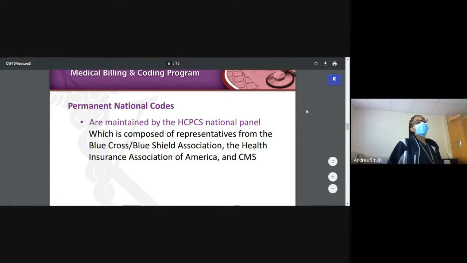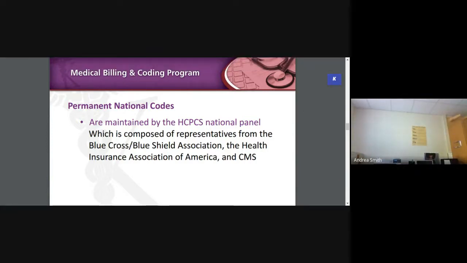CMS is the Centers for Medicare and Medicaid Services.